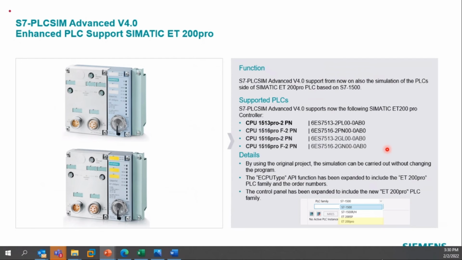The next part is, as you know, nowadays people are also looking for CPUs which can be mounted directly on the shop floor without any panels, which have IP65 or IP67 grade already.